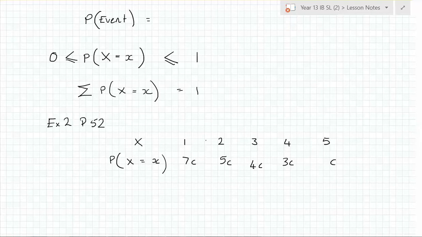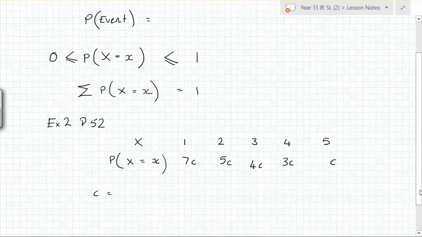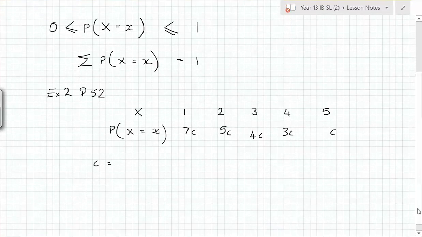Yeah. So it's not 7c, that is the probability, but the most likely outcome is the 1. Exactly, that's the probability statement. So, for instance, it says, find the value of c.